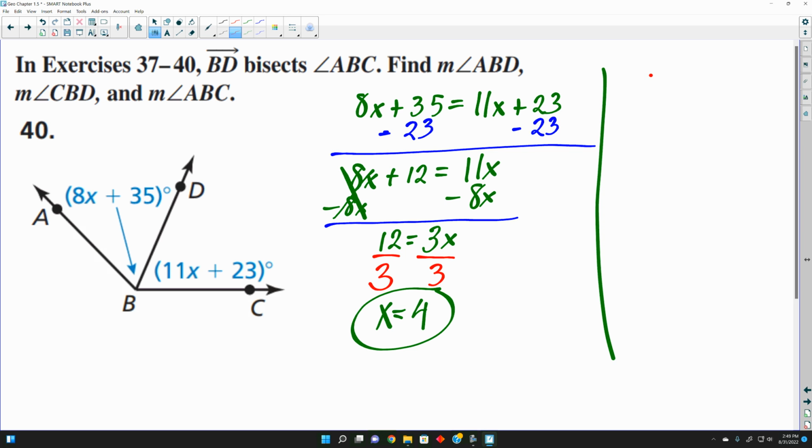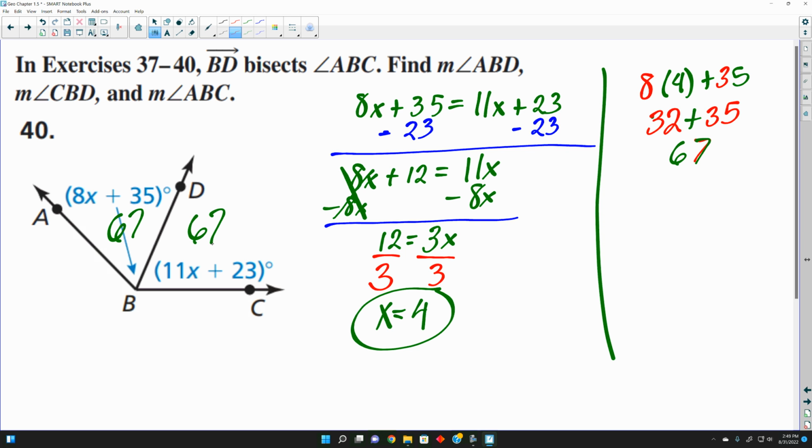Either. So we could say 8 times 4 plus 35. Well, 8 times 4 is? 8 plus 8 is 16. And 16 and 16 is? Plus 35 is? 67. So they're both going to be 67 degrees.